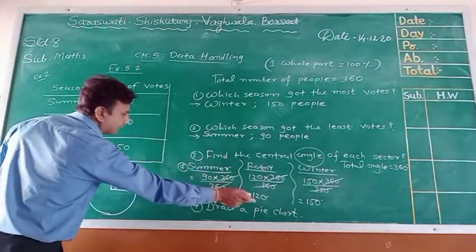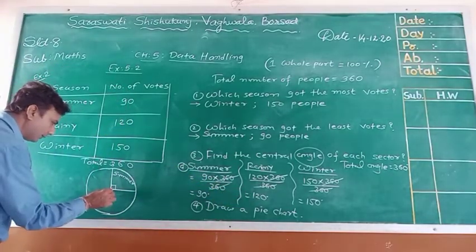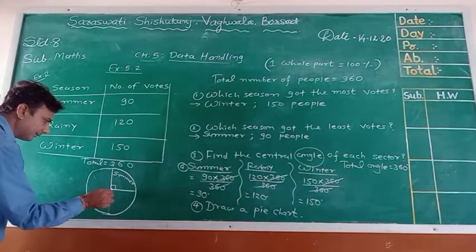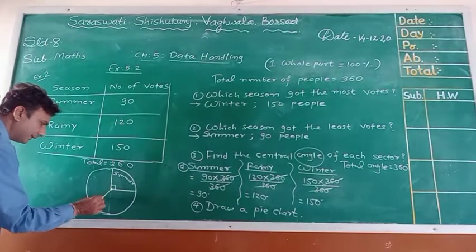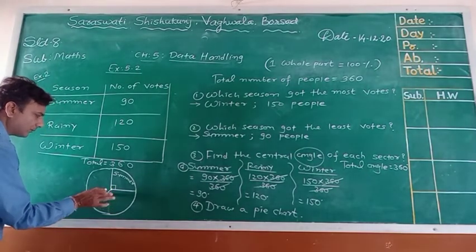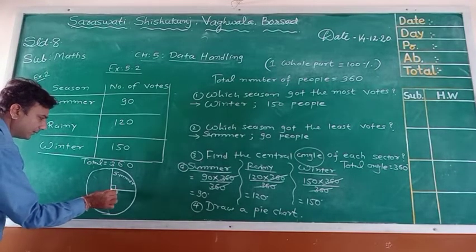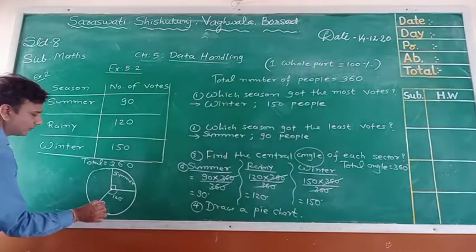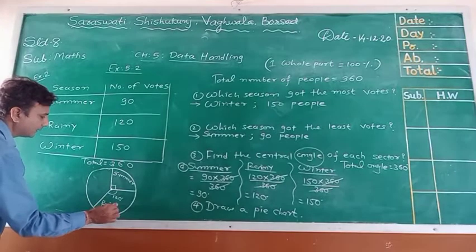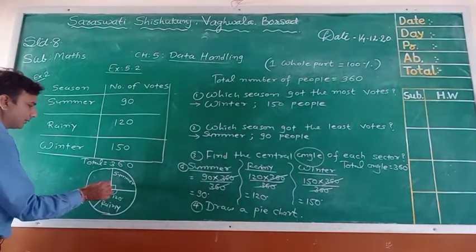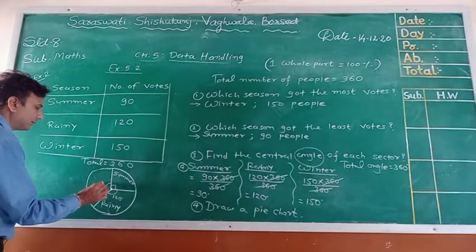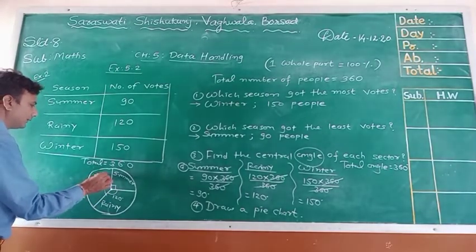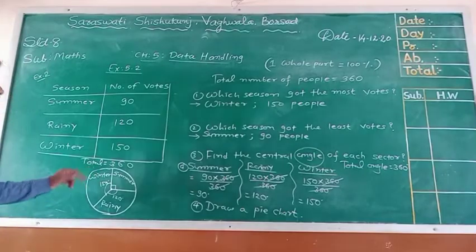Now rainy season is 120 degrees, so from here this will become 120 degrees for rainy. Here the remaining is 150 degrees for winter. This is our pie chart.